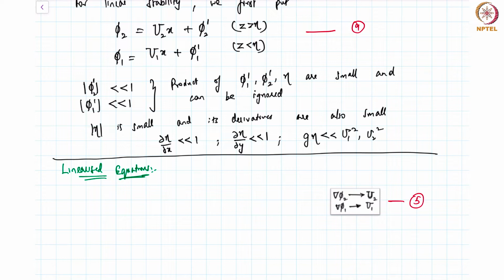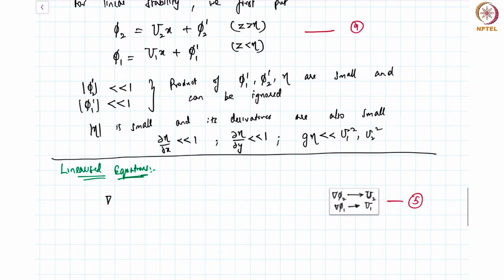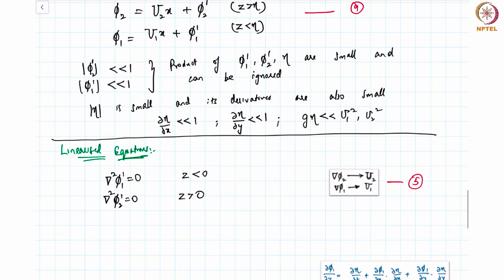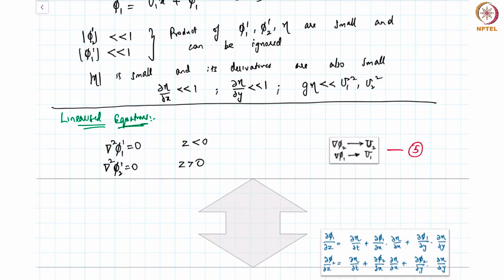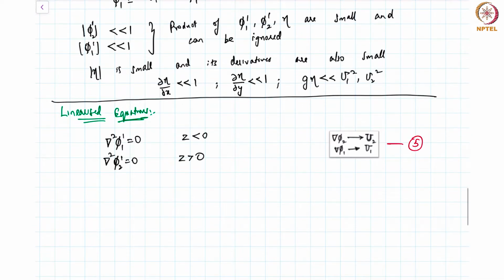If you substitute this, in the original Laplace equation, I get del square phi 1 prime is equal to 0. This is for z less than 0. And del square phi 2 prime is equal to 0 for z greater than 0. That's the first thing that I get. Now, we'll label this as equation 10.